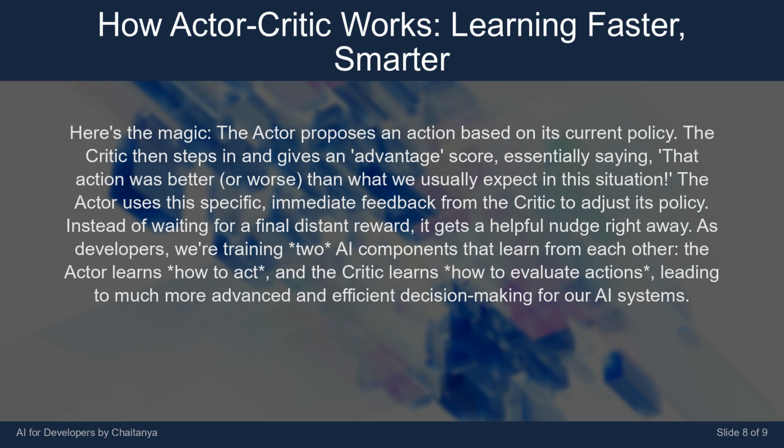Instead of waiting for a final distant reward, it gets a helpful nudge right away. As developers, we're training two AI components that learn from each other. The actor learns how to act, and the critic learns how to evaluate actions, leading to much more advanced and efficient decision-making for our AI systems.